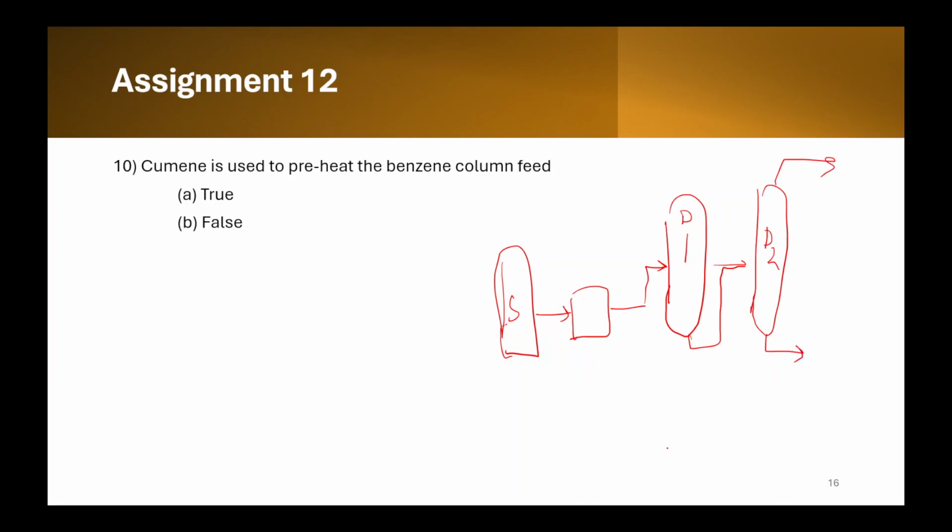So it is saying that cumene is used to preheat the benzene column feed. This is a false statement because whatever cumene is coming, it is coming from the top product. It is basically a condensed form, so it will be at a lower temperature. And whatever DIPB is coming out from here is going through a reboiler itself. So this is a false statement.